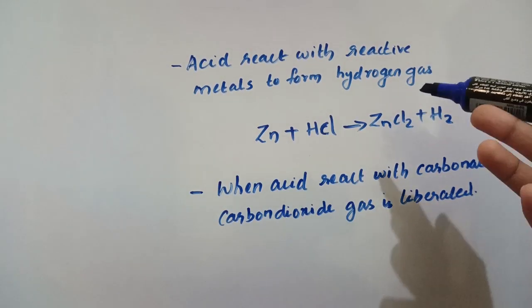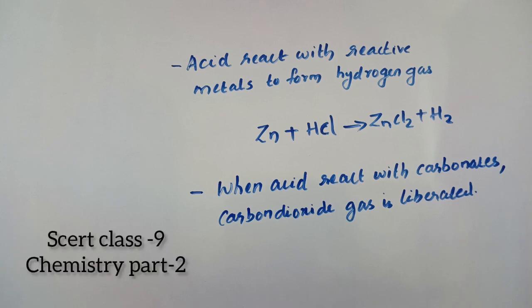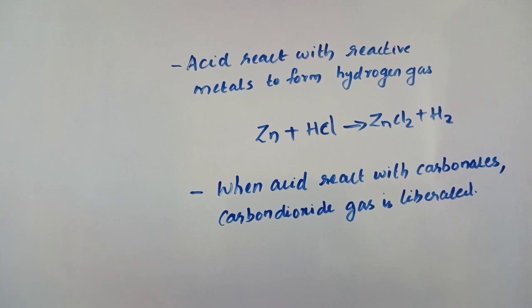For this reaction, an experiment is given in the textbook. We take a small piece of zinc in a test tube and add 2 milliliters of dilute hydrochloric acid using a dropper. Then we show a burning matchstick at the mouth of the test tube and record the observation.